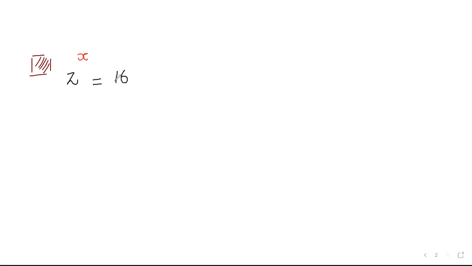Now, what is going to be our task? Look at this part, which I'm going to explain, because it's very important. If you have y equals 2 raised to the power x, this is an exponential function.